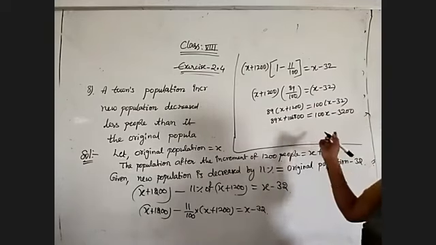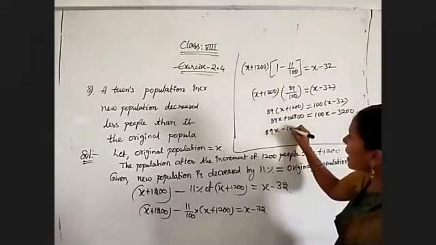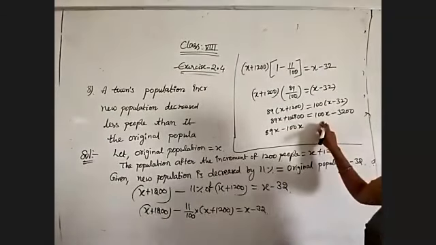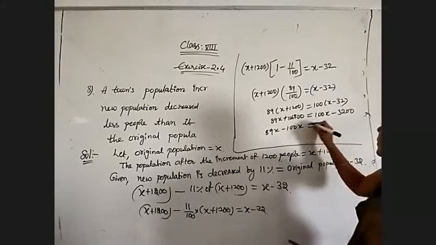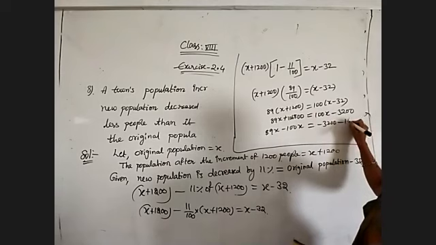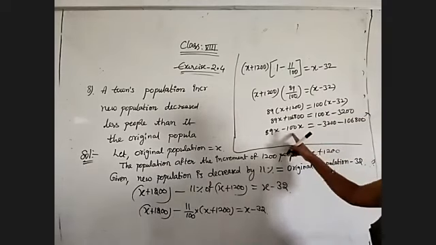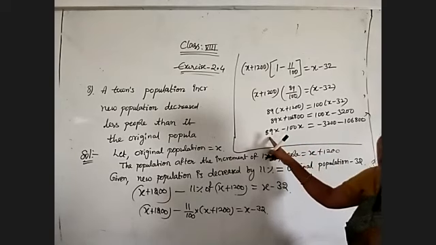Bring variables to one side and constants to one side. 89x minus 100x, because this side plus we have, is equal to minus 3200 minus 1,06,800. Then here minus 100 plus 89, subtraction.